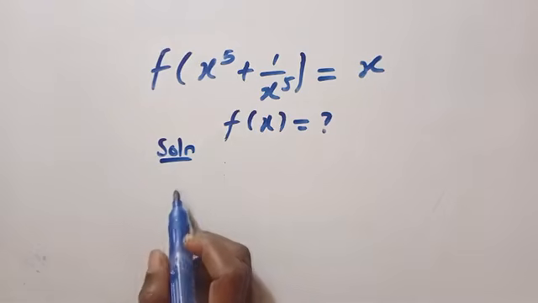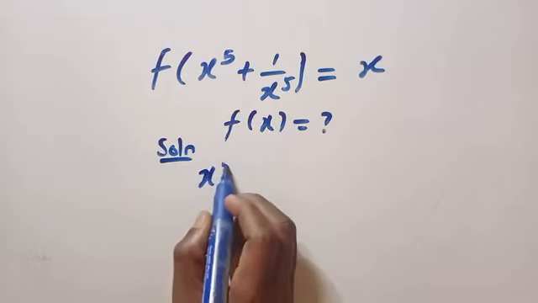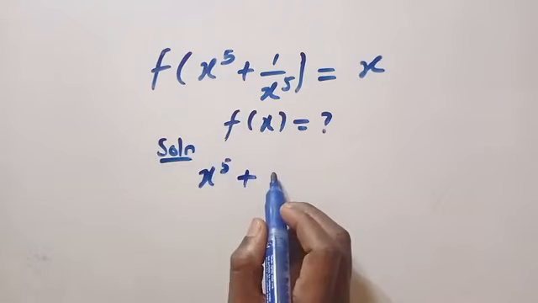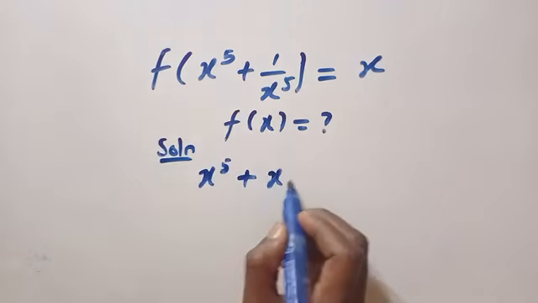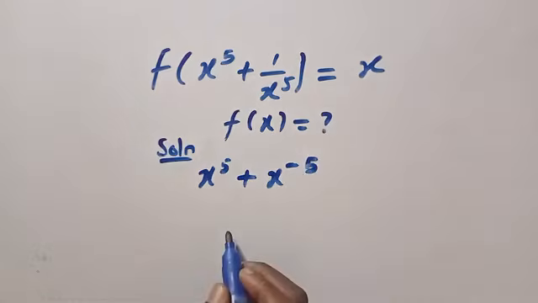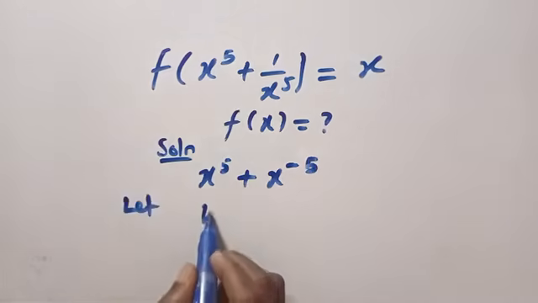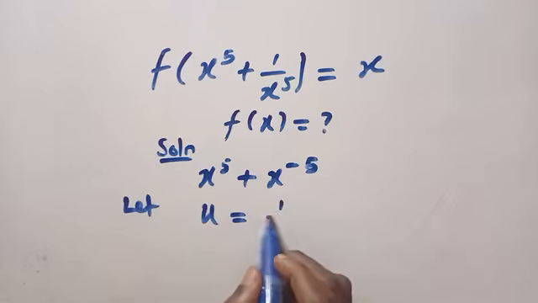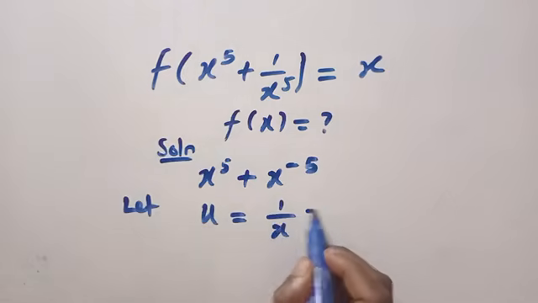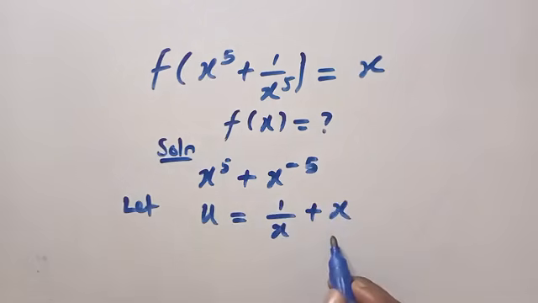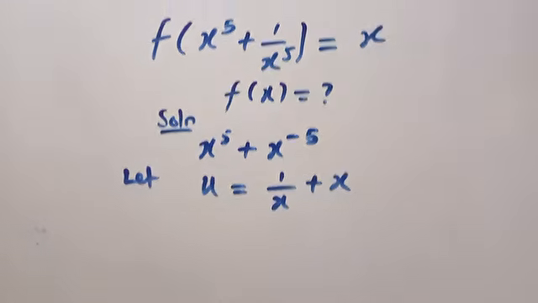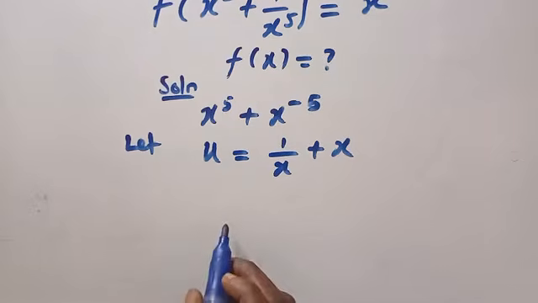If you note that this domain x power 5 can also be written as x power 5 plus x raised to the power of minus 5. And if I let u be equal to x plus 1 divided by x, any of these two works.